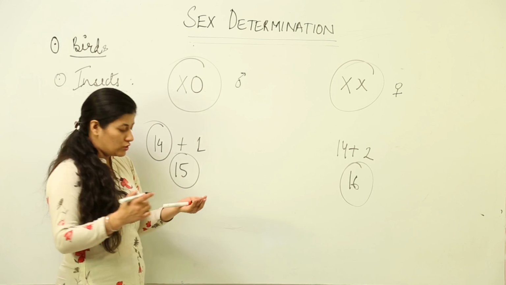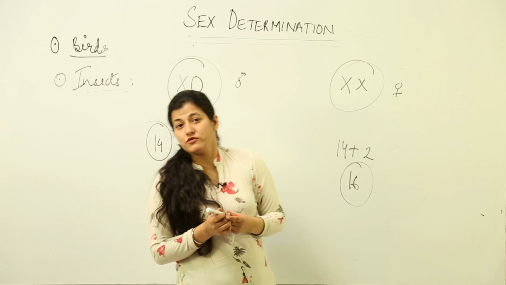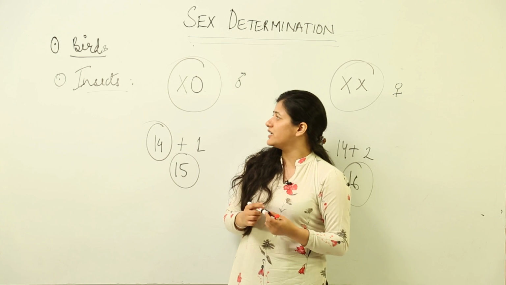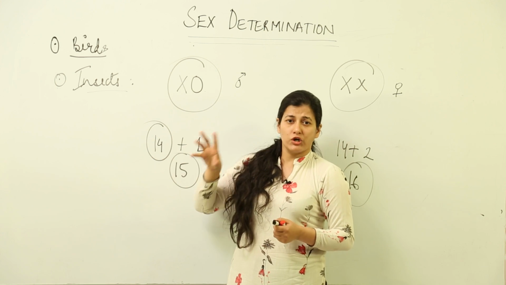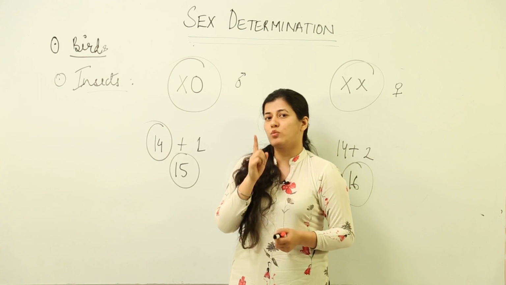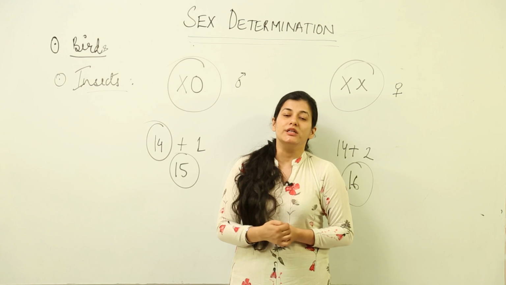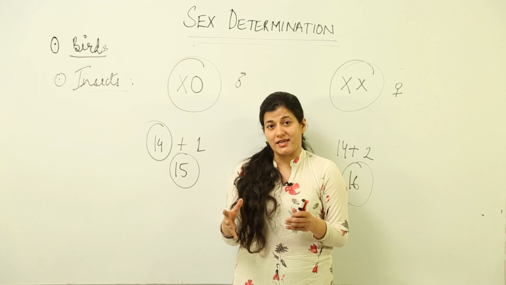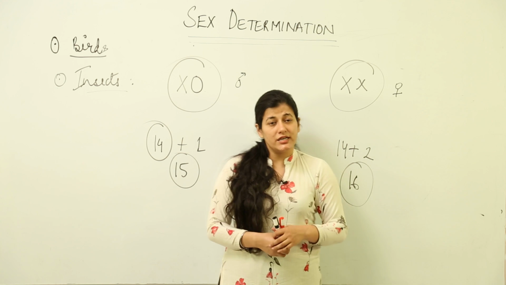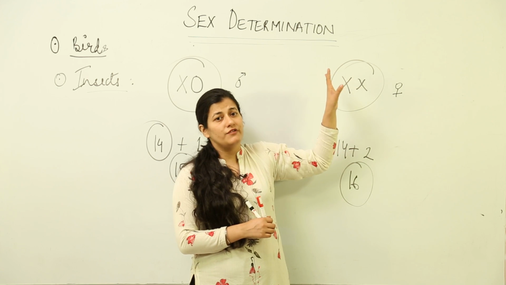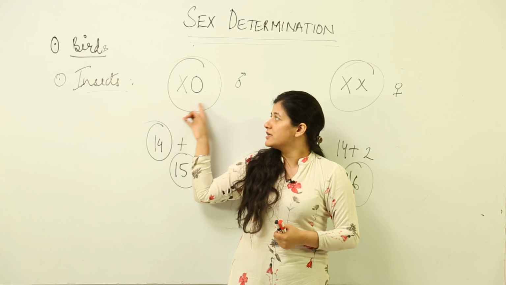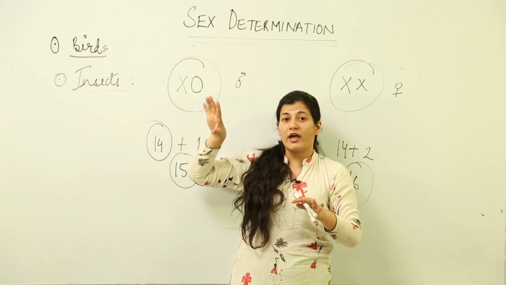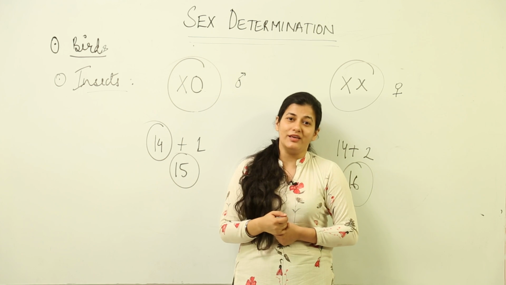So you have to remember what is there in the case of birds and what is there in the case of insects. The number of male chromosomes would always be 1 less than that found in the female. And who would determine the sex of the offspring? Certainly here also it is the female that decides, because she is homogametic, but the number of gametes formed is less.